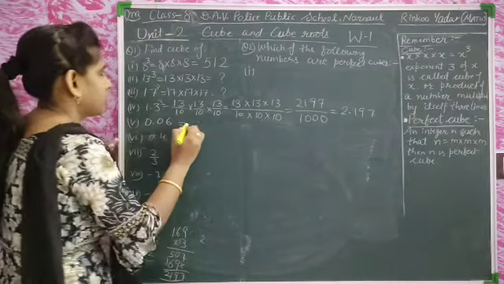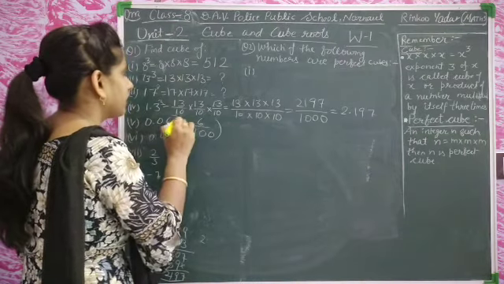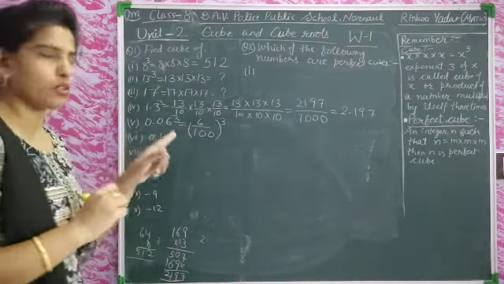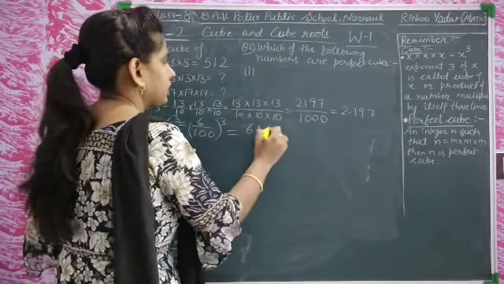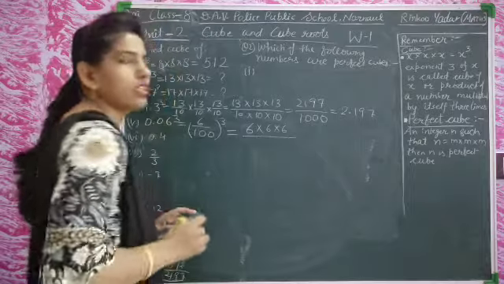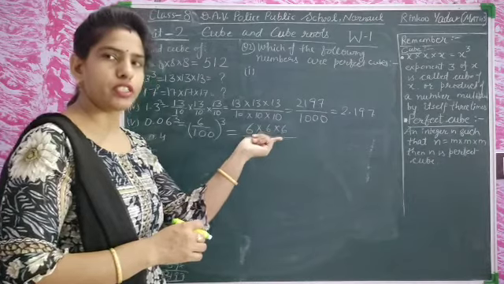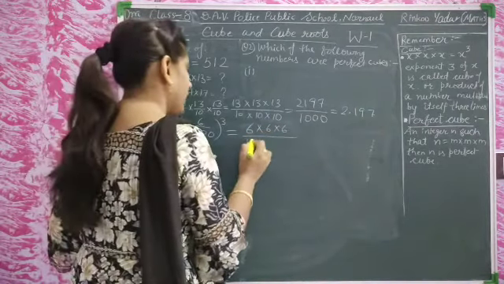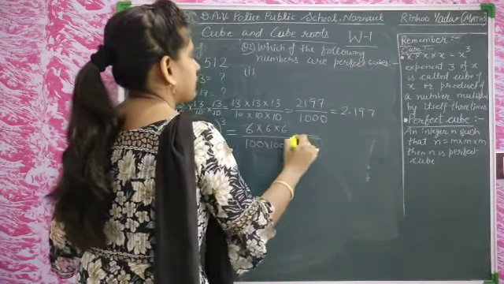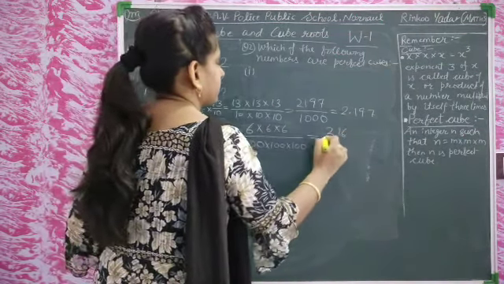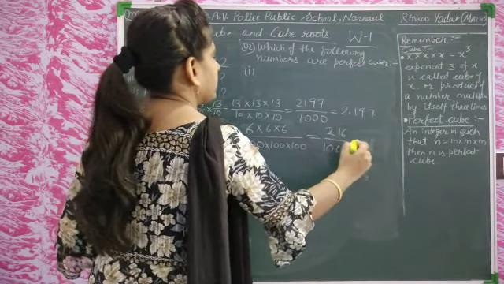Here is 6 divided by 100, and we have to find the cube of this number. Same process, we use this property: 6 into 6 into 6. The cube of any rational number is the cube of the numerator divided by the cube of the denominator, and that is 100 into 100 into 100. That becomes 216 over 1,000,000.